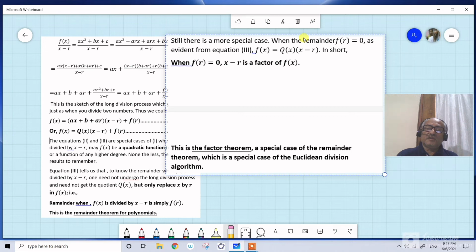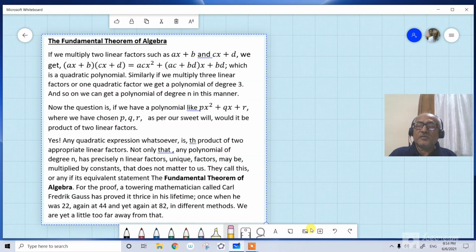You call this the factor theorem, a special case of the remainder theorem when the remainder is 0. So you have now understood that the remainder theorem is a particular case of the division algorithm, and the factor theorem is a particular case of the remainder theorem.